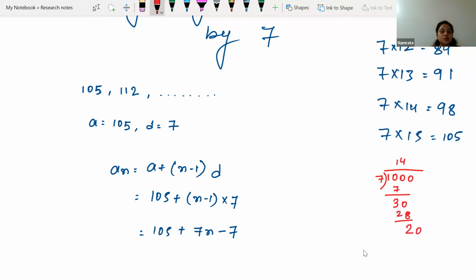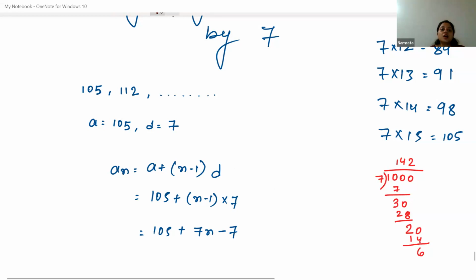28. 7 1 times 7, 7 2 times 14. Remainder is 6. Okay, remainder will be there, that we know. But how many times is it totally divisible? 142 times. Let's check 7 into 142.